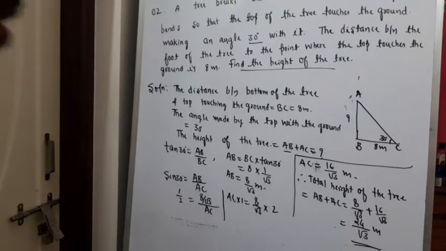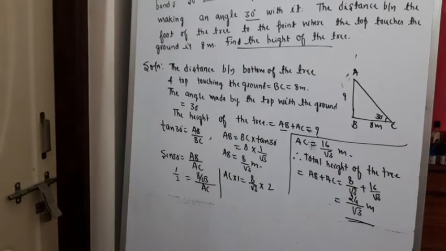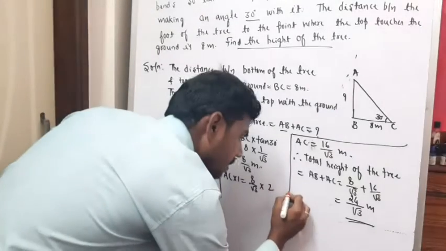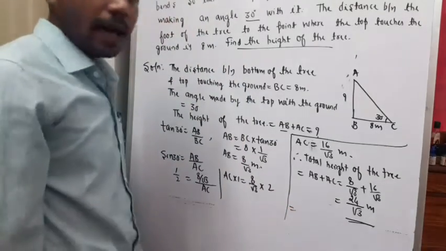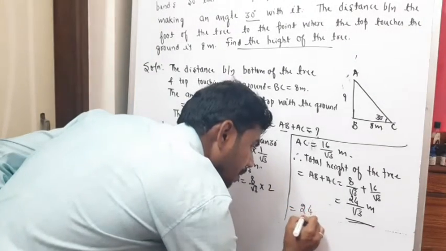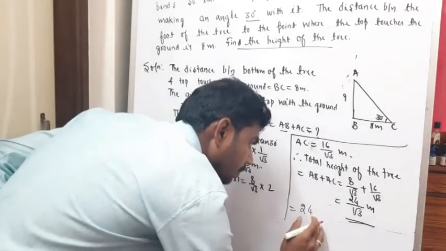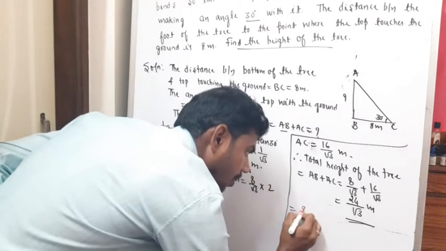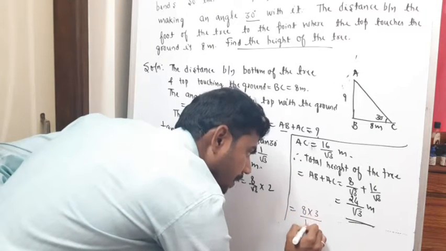If you want to get the answer which is there in the book, let me adjust the focus. What you can do is write 24 by root 3 as 8 into 3 divided by root 3.